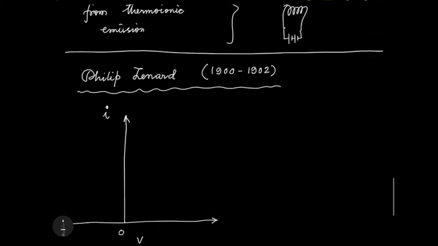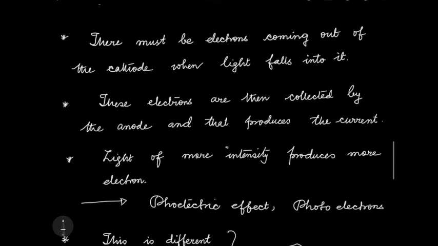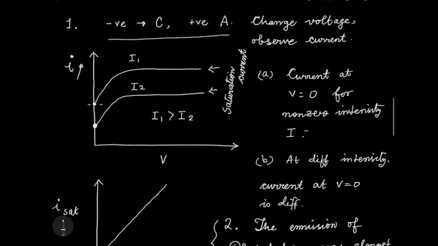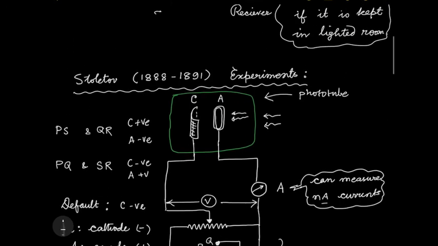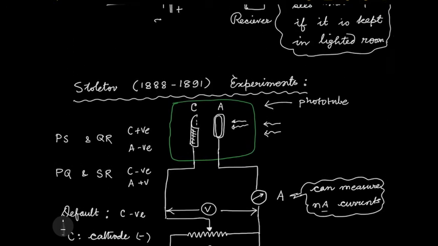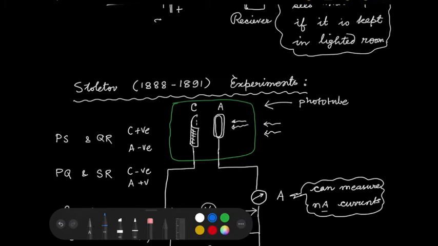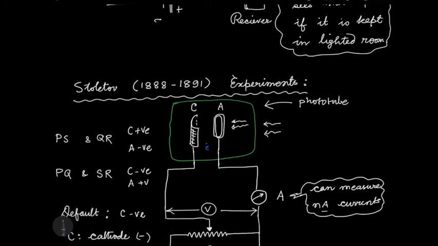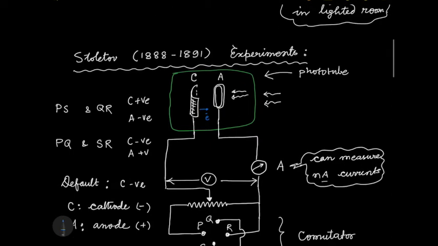Now you understand that there are electrons coming out of the cathode. Say these are my electrons coming out of the cathode, going towards the anode and getting captured by the anode. So there must be a velocity in the right hand direction of the electron, and this velocity can be reduced if I change the bias.